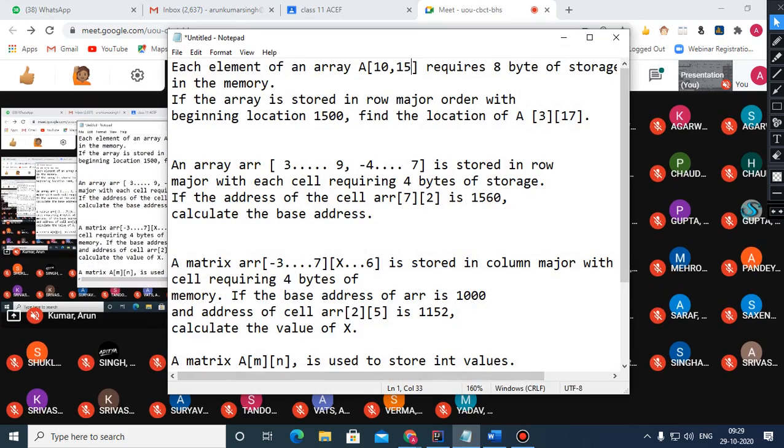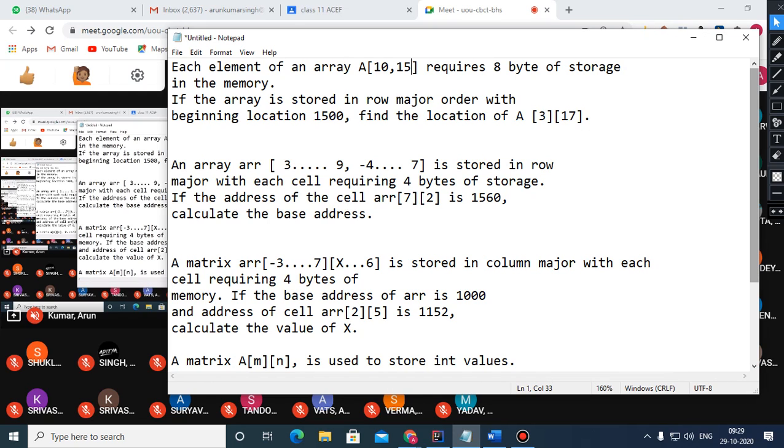Okay, children, one more thing I would like to tell you. Suppose the size is already given, like an array of size 10 comma 15. In that case, if you want to calculate the location, you have to consider LR and LC equal to 0.